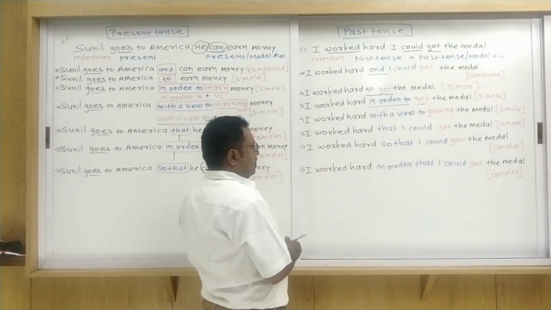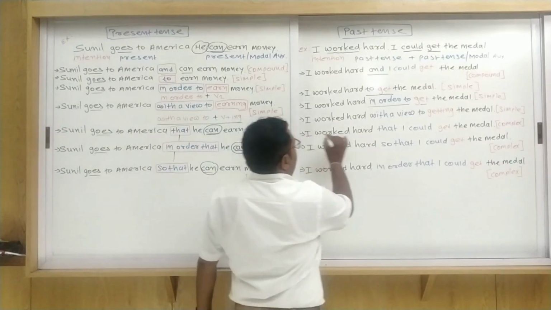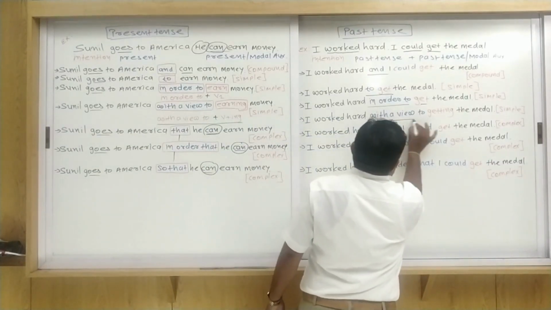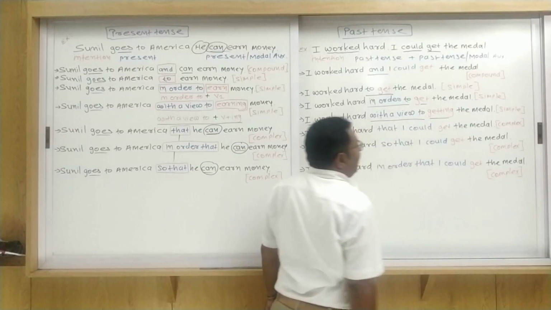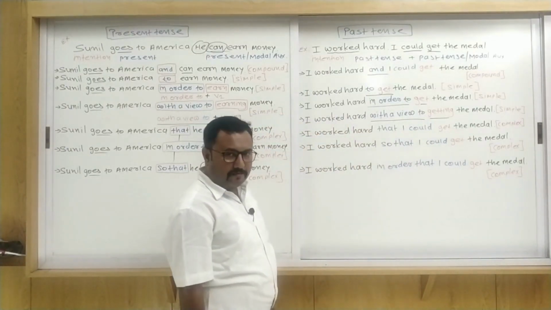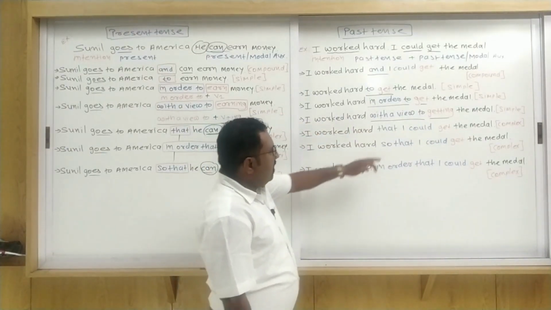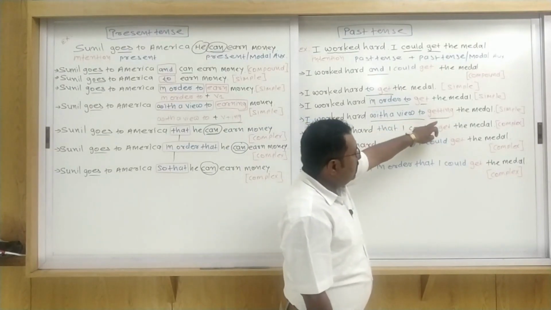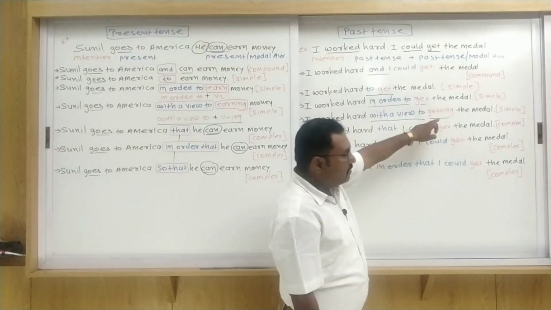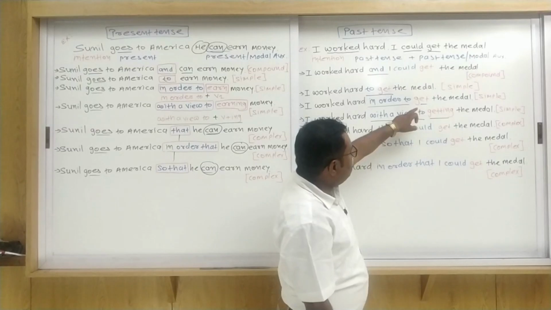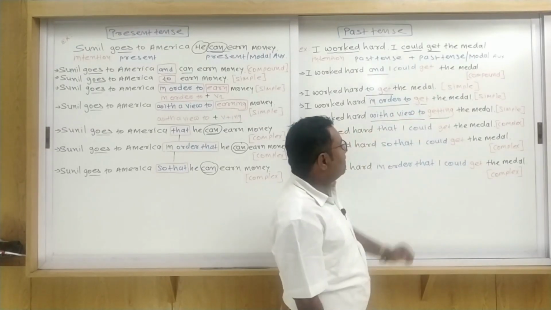Another, suppose I use with a view to. I work hard with a view to getting the medal. That is a simple sentence. After with a view to, we use verb plus ing. So what is the ing form of get? That is getting.